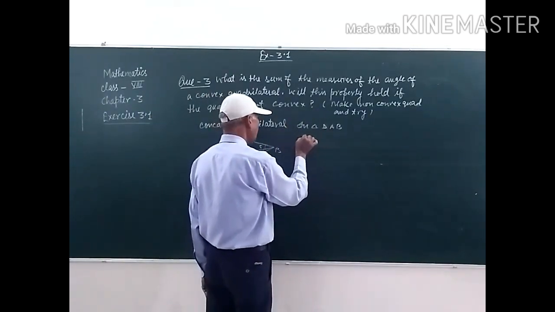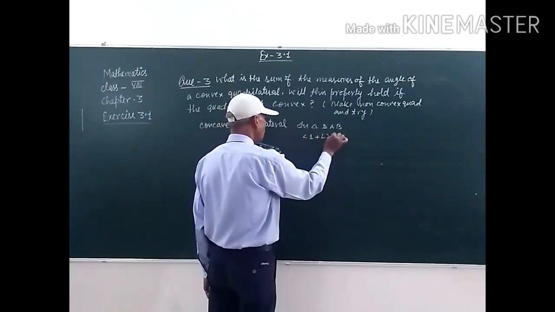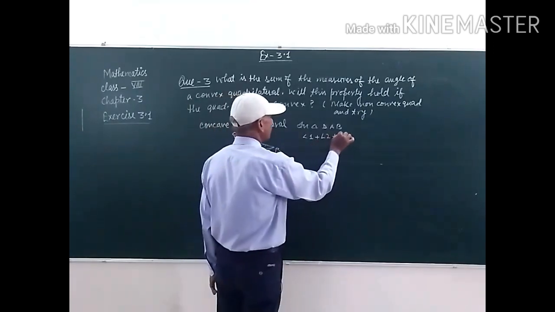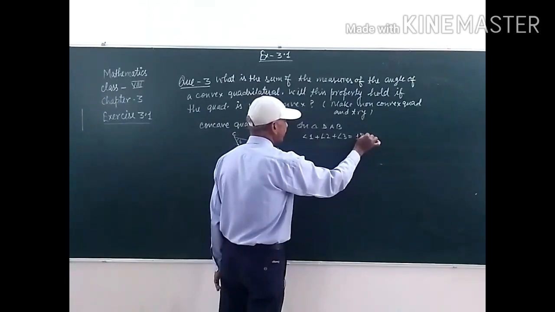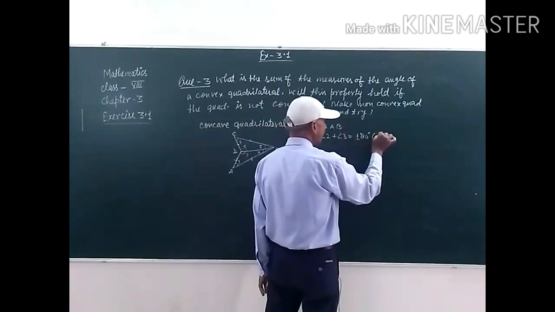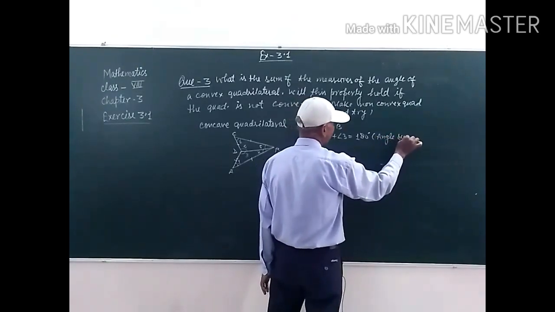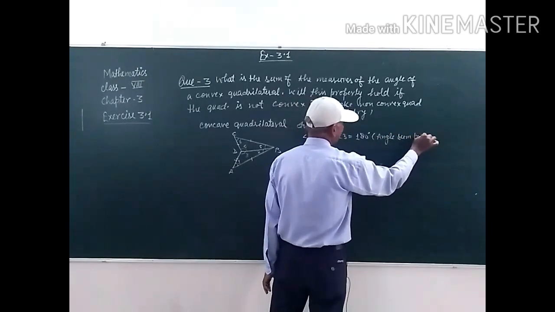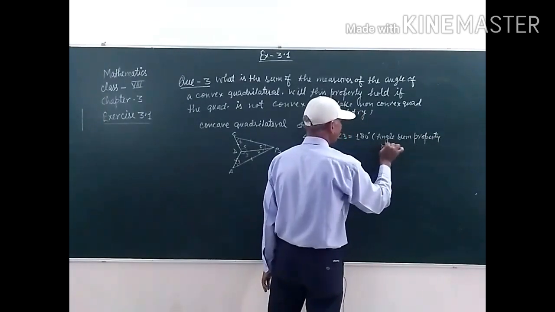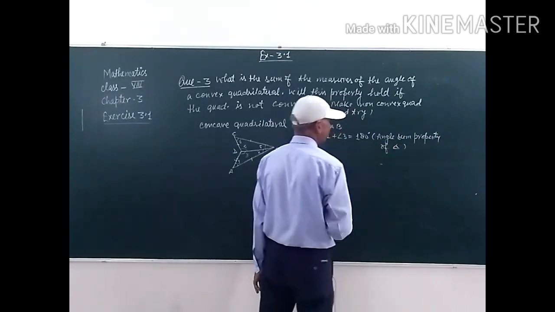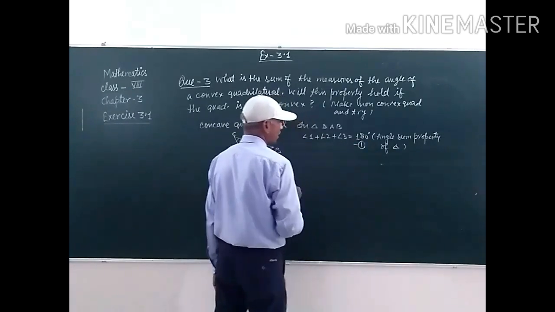So angle 1 plus angle 2 plus angle 3 is equal to 180 degrees. Reason: angle sum property of triangle. Clear, student? This is equation first.